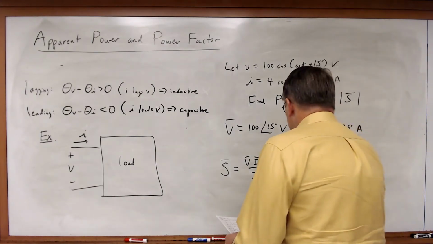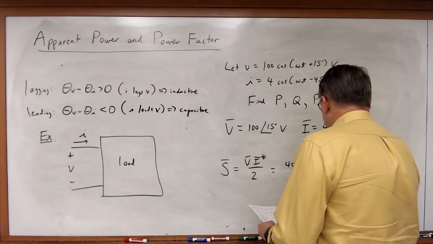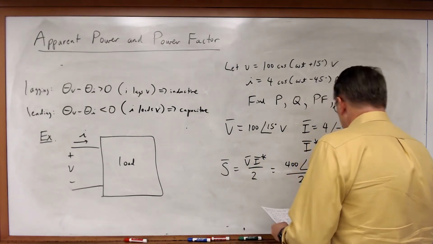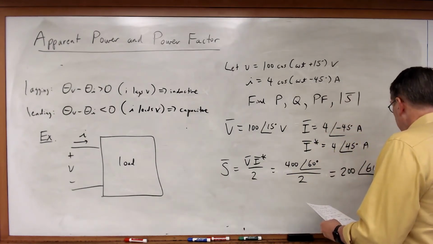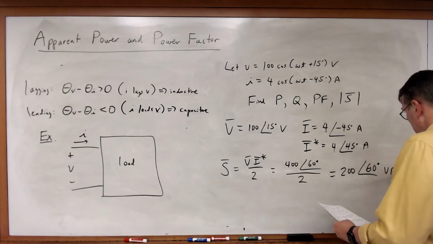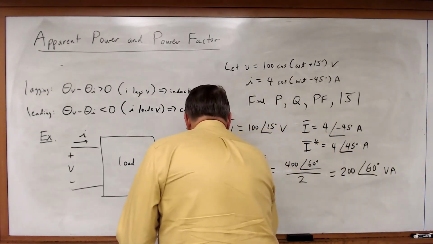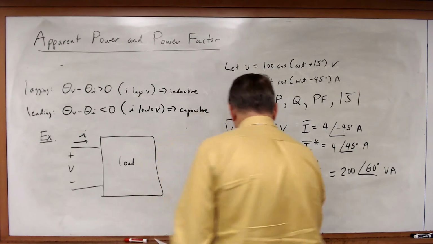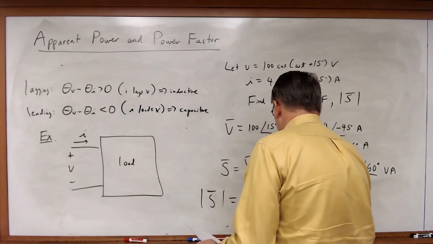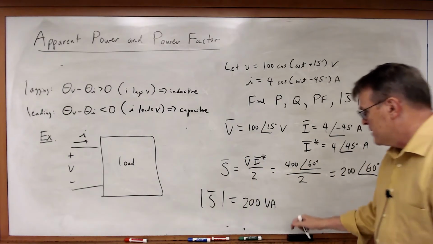And in this case, this is equal to 400 at a phase angle of 60 degrees divided by 2, which is equal to 200 at a phase angle of 60 degrees volt amperes. So now everything kind of falls out. The apparent power is just the magnitude of the phasor: 200 volt amperes. That's my apparent power.